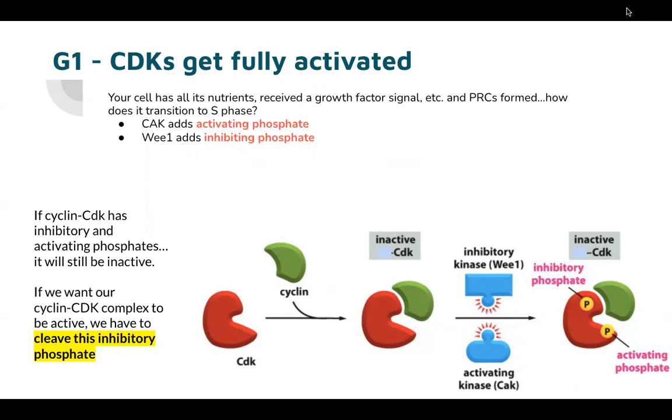But if it's at the same time bound to Wee1, then it's going to be inhibited, even though it has the activator phosphate. And so in order for us to activate the CDK cyclin, we will have to phosphorylate it or dephosphorylate the inhibitory phosphate from Wee1.